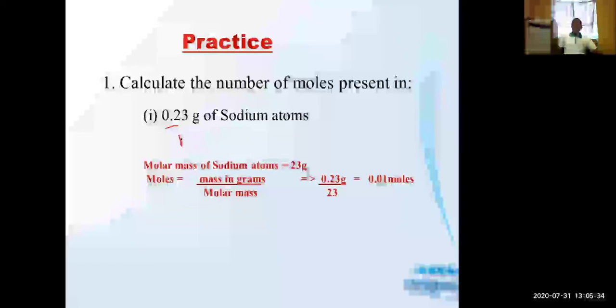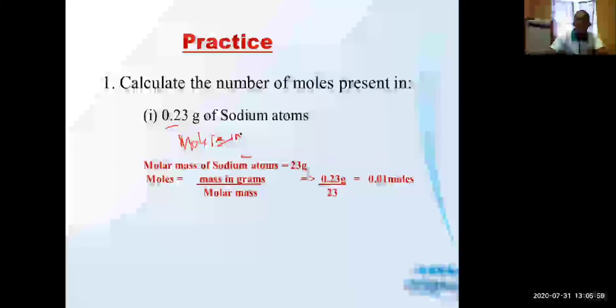We said moles is equal to mass over molar mass. So that is what we said.